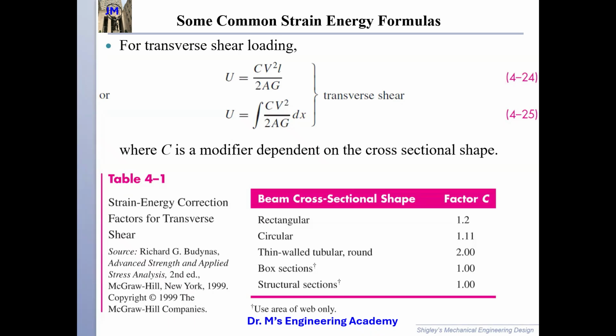That means it will not affect your results much, but you still lose some accuracy. For research purposes, you need to consider all these things. But for practical purposes, if the beam is very slender, you just ignore it, because we are lazy, right? Research people are lazy. So this is the transverse shear, and it is related to the geometry, the shape of your cross-sectional area.